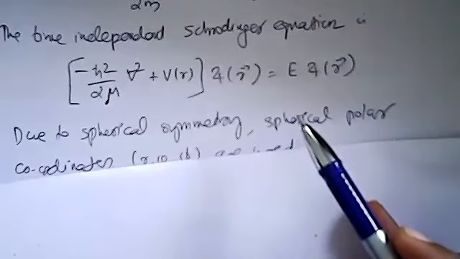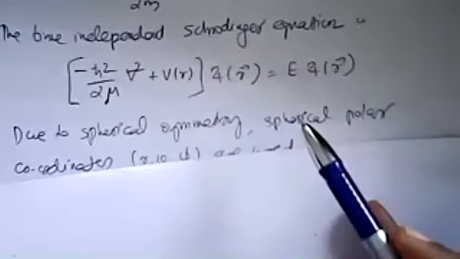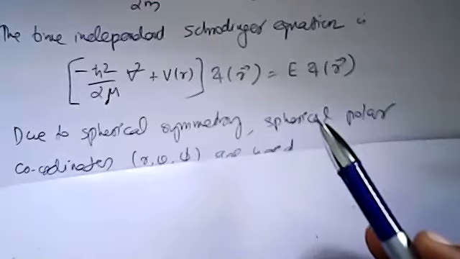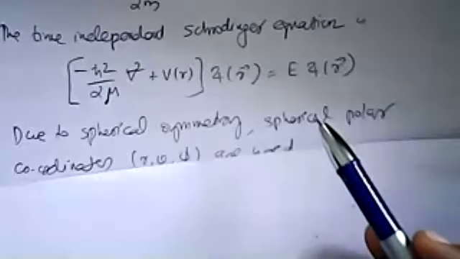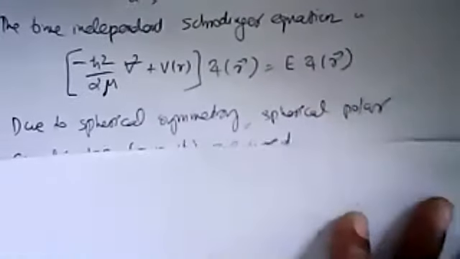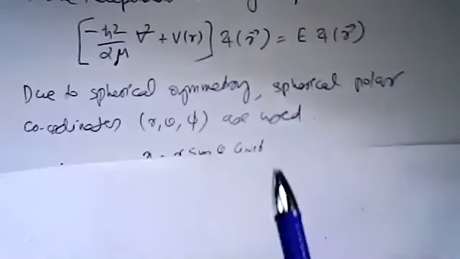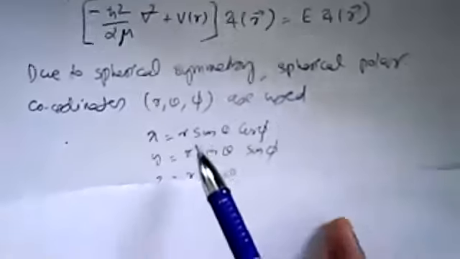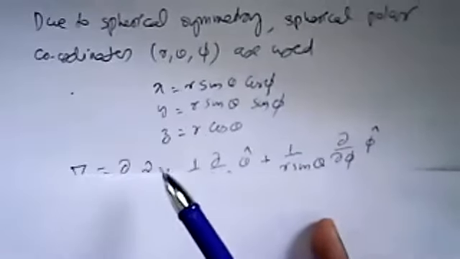So due to the spherical symmetry, we use spherical polar coordinates. If there is cylindrical symmetry, we use cylindrical polar coordinates, like that. So we use r, theta and phi. So this is the conversion formula between them.